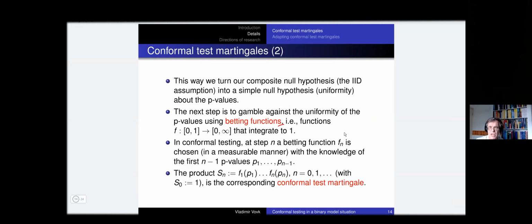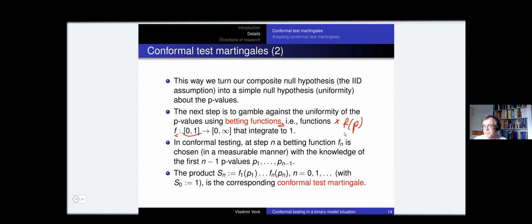Okay, so here is how we express betting: we talk about betting functions. A betting function is a function f which maps 0,1 into the non-negative numbers, mapping a p-value into some number f of p. This will be the increase in our capital. Our current capital will be multiplied by f of p. In order to make this process fair, the game should be fair.